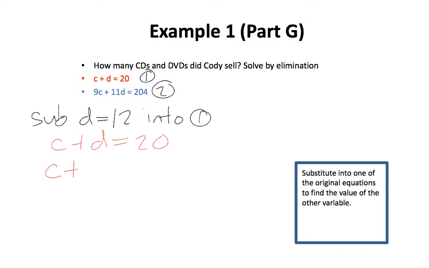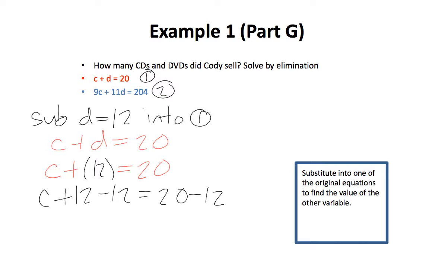Next, I'm going to replace the D with 12 in brackets. Remember, I want to isolate C, but C is stuck with a plus 12. To get rid of it, you need to do the opposite operation to both sides of the equation. So I'm going to subtract 12 from both sides of the equation. Those cancel out, and 20 subtract 12 is 8.